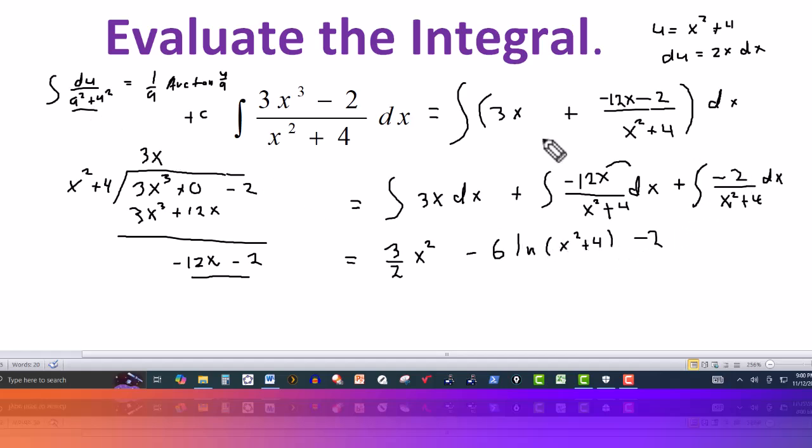So the answer to this one using this formula over here then would be the coefficient, which in this case is -2, divided by a, but a is 2. And then it's arctangent of u over a. In our case, u is x and a is 2.